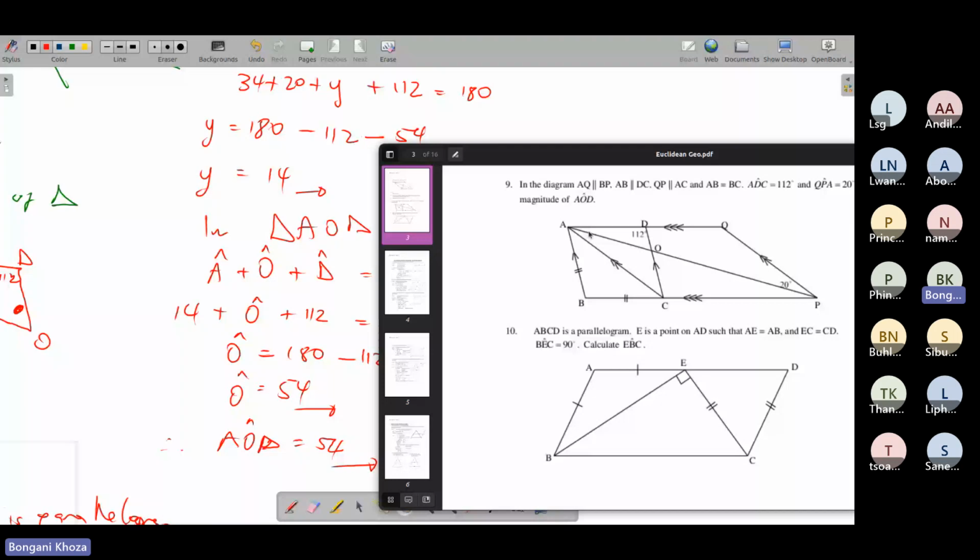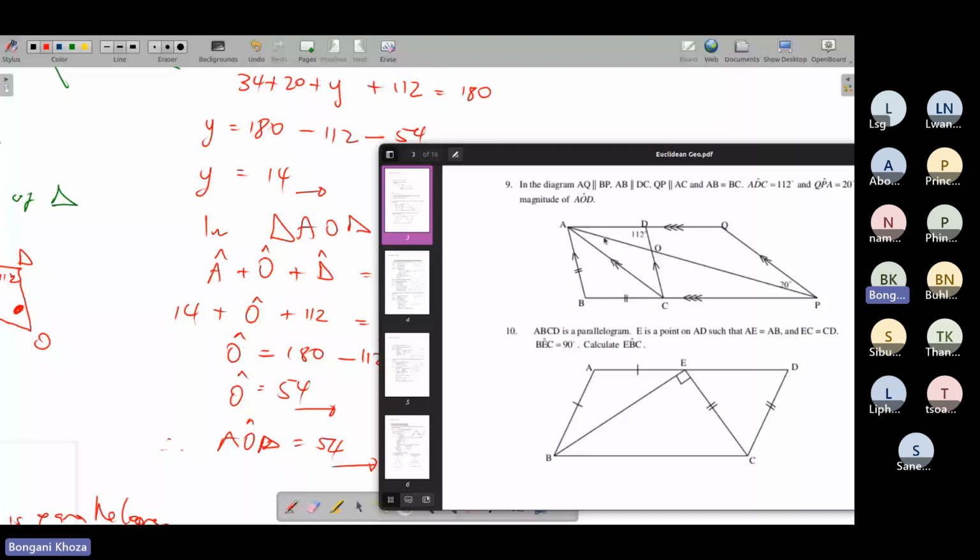And then we have 20 over here. We can find this angle by taking angle A and angle D as co-interior angles. They form a U, and then we add them and get 180.